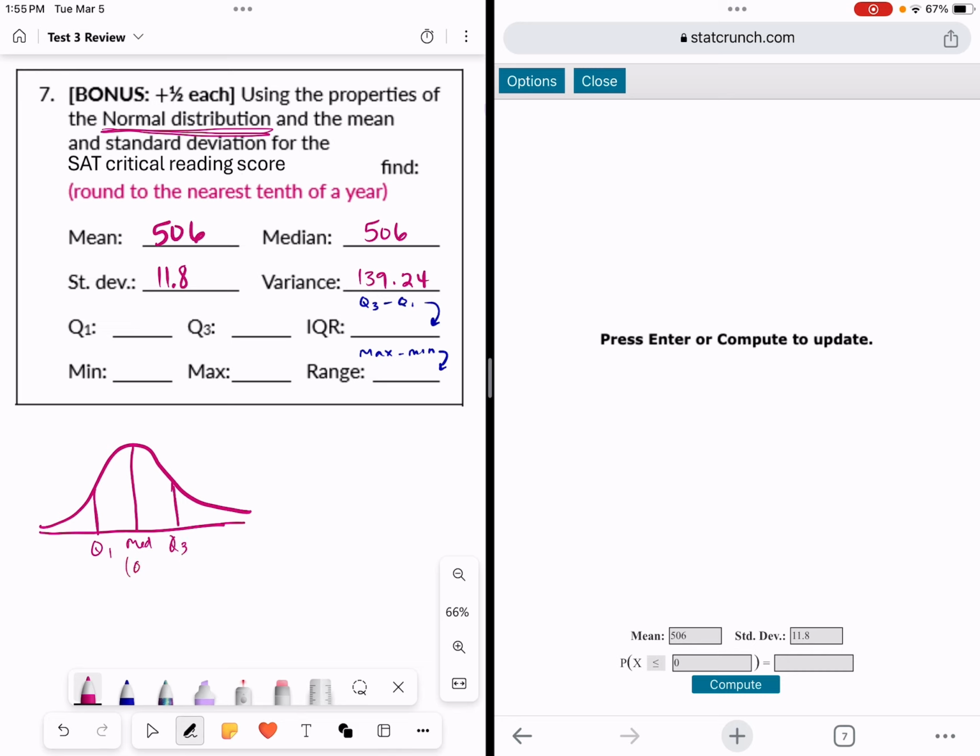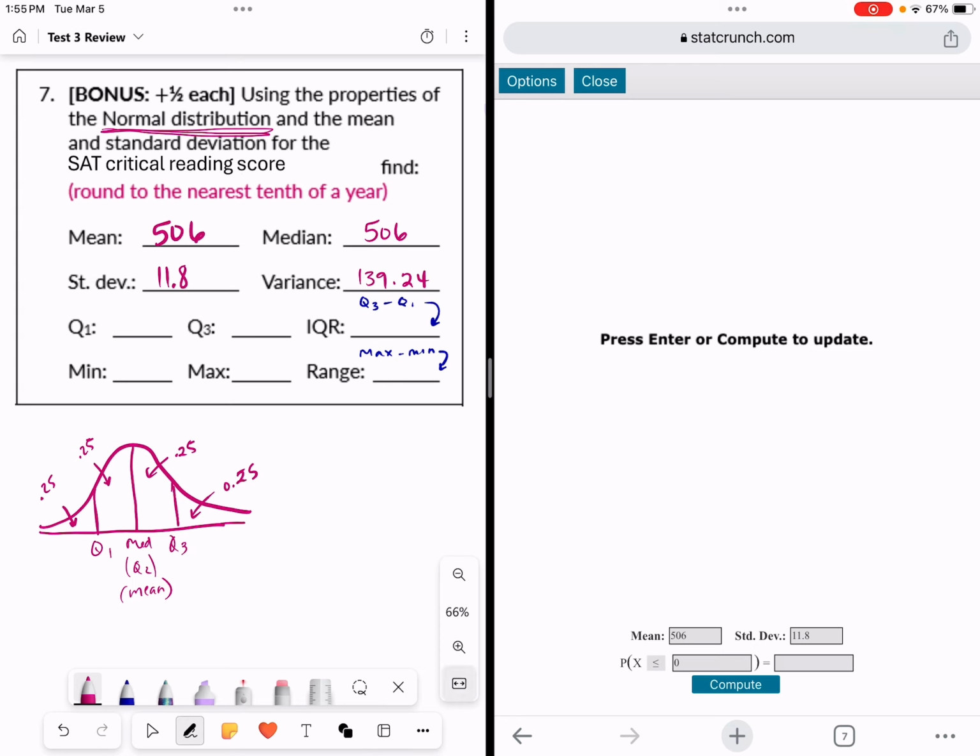Median, of course, is also Q2. It's also the mean. But if I'm going to break these into quarters, then each one of these is 0.25. And I don't know if I've actually drawn them in the right spot or not. There we go, as far as the lines. But it's going to break it into even areas.